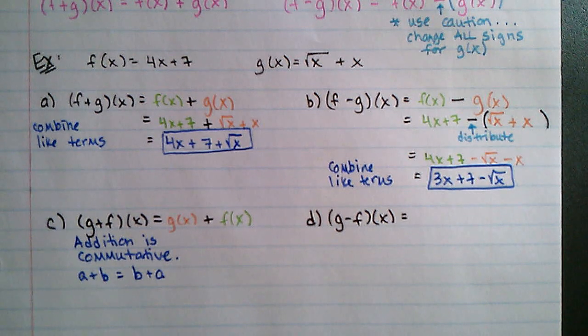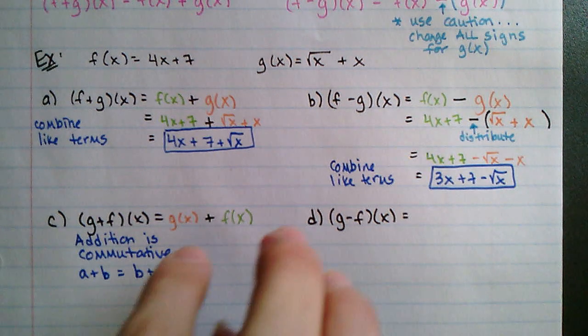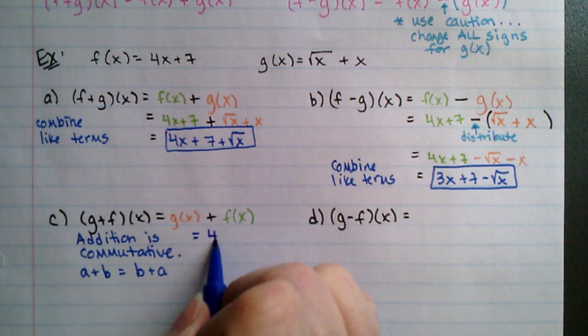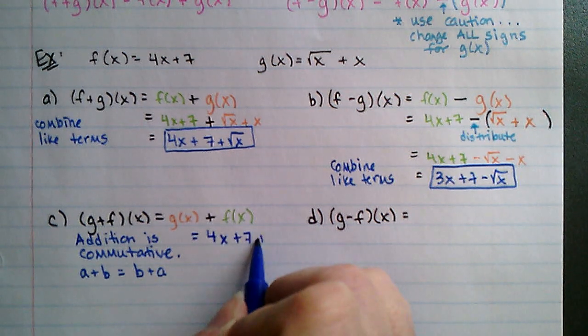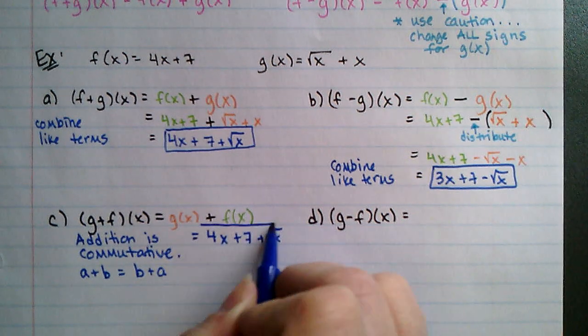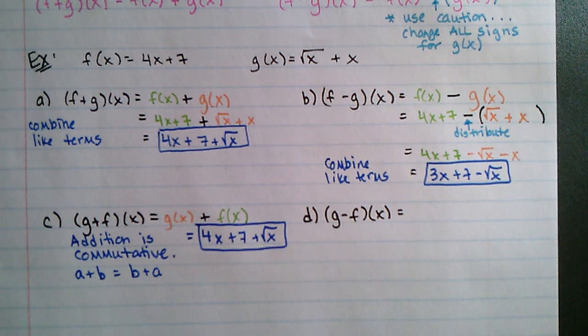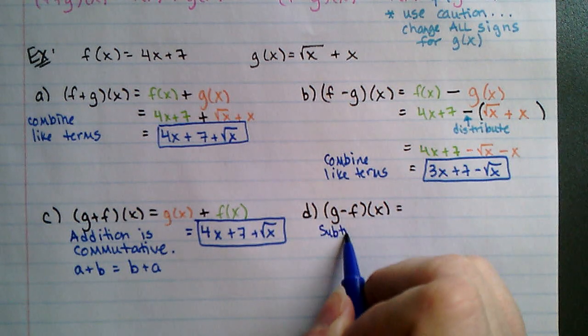Since addition follows the commutative property, then I don't really have to rework this problem. I know that it will be the same answer as f of x plus g of x, which I just did up there. So that's going to be the same thing. Subtraction is not commutative.